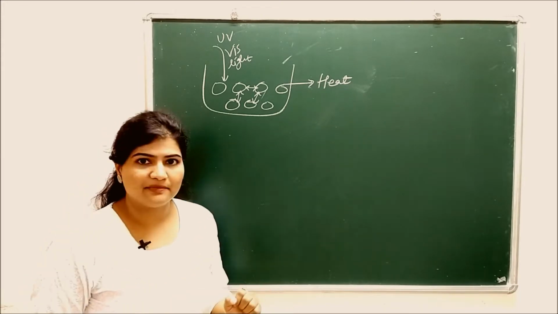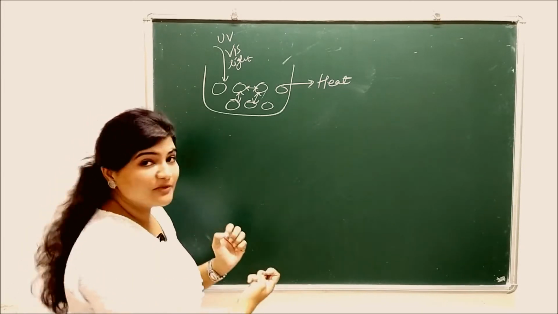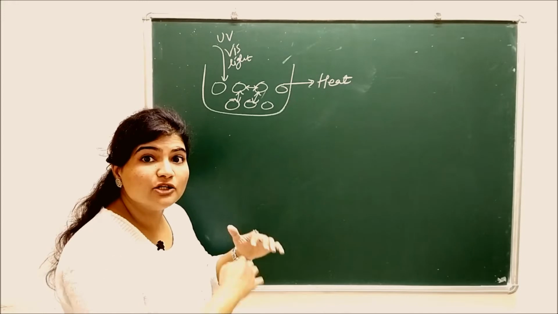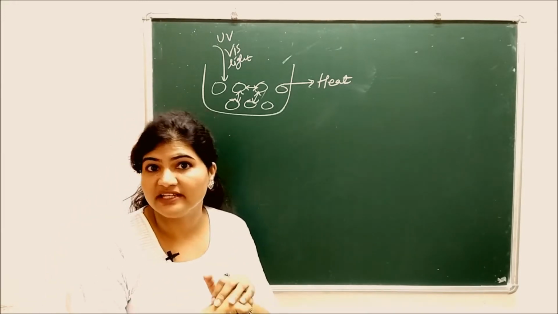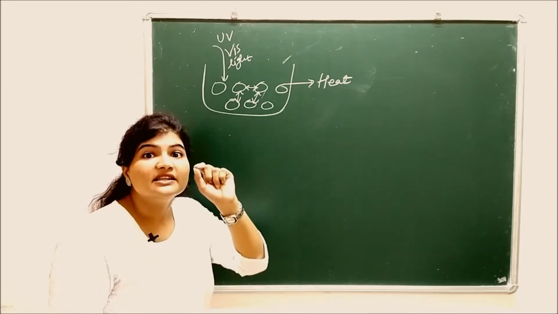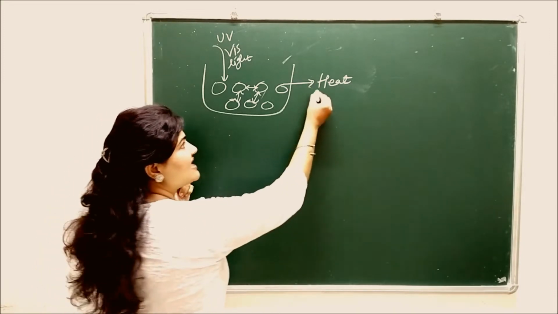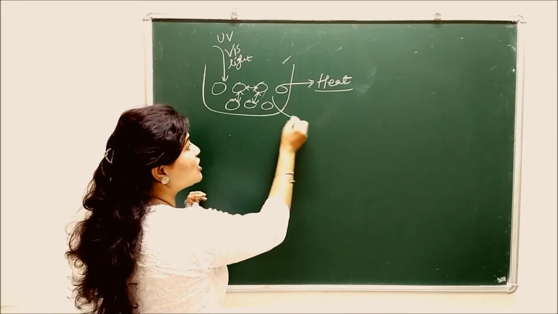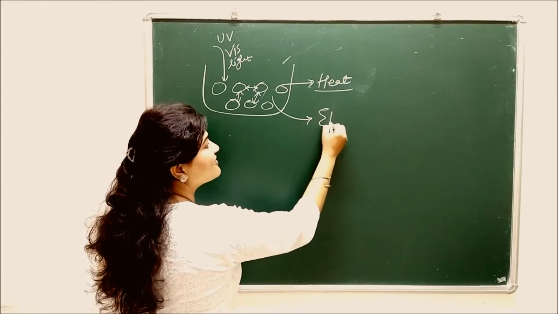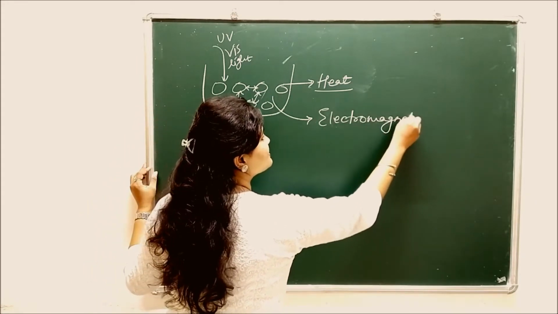But there are certain substances which are special, and they absorb the UV visible light, but they don't lose all the energy in the form of heat. They lose a part of the energy as heat, but the remaining energy is lost in the form of electromagnetic radiation.